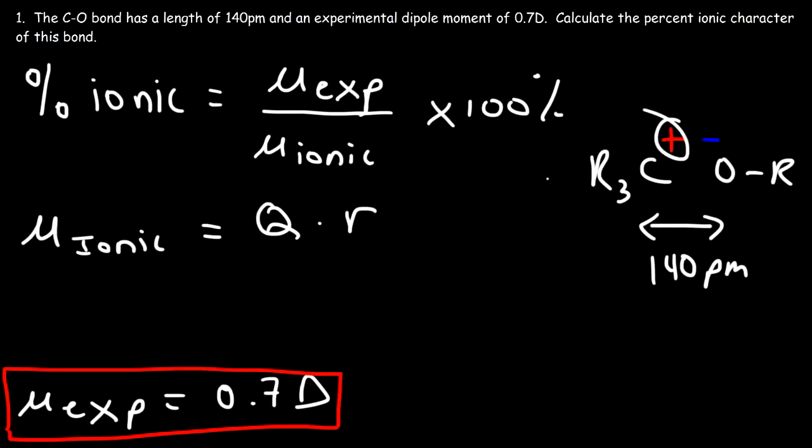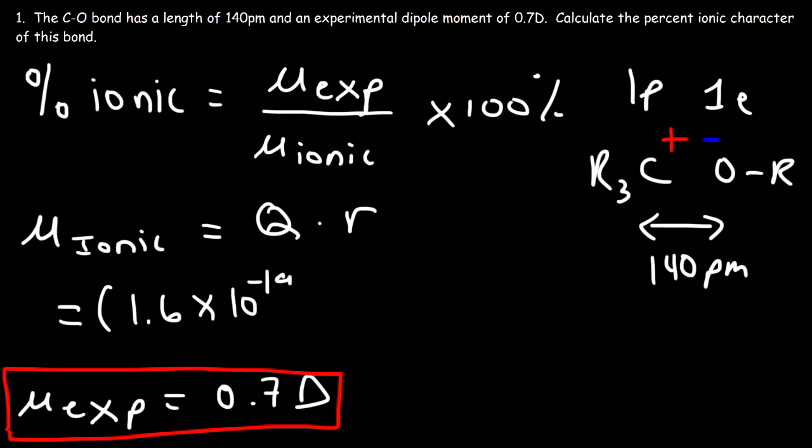Now, a positive charge is equal to the charge of a proton. A negative charge is equal to the charge of an electron. These two have the same magnitude of charge, but the sign is different. One is positive and the other is negative. The charge of a proton is 1.6 times 10 to the negative 19 coulombs.